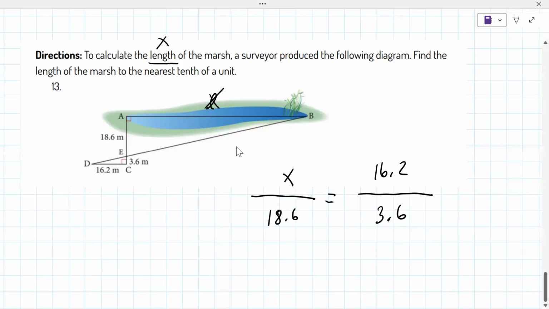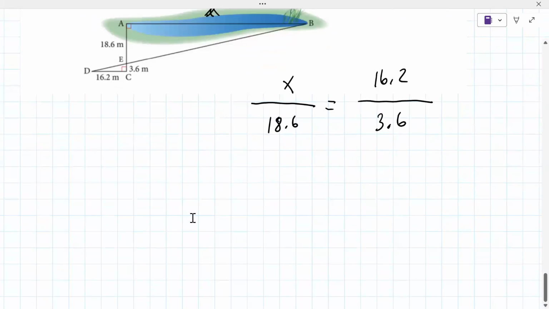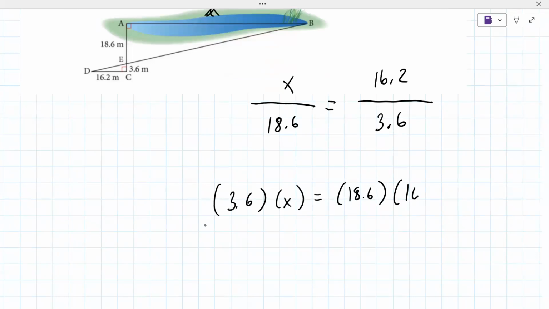So to solve this, you can diagonally multiply: 3.6 times X equals 18.6 times 16.2, and then get that number and divide by 3.6. Let me know what you come up with, please. The answer? Yes, please.